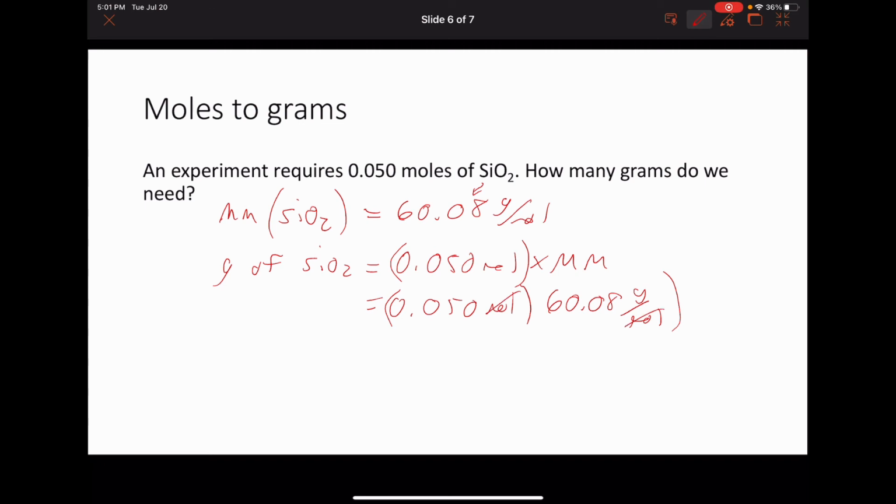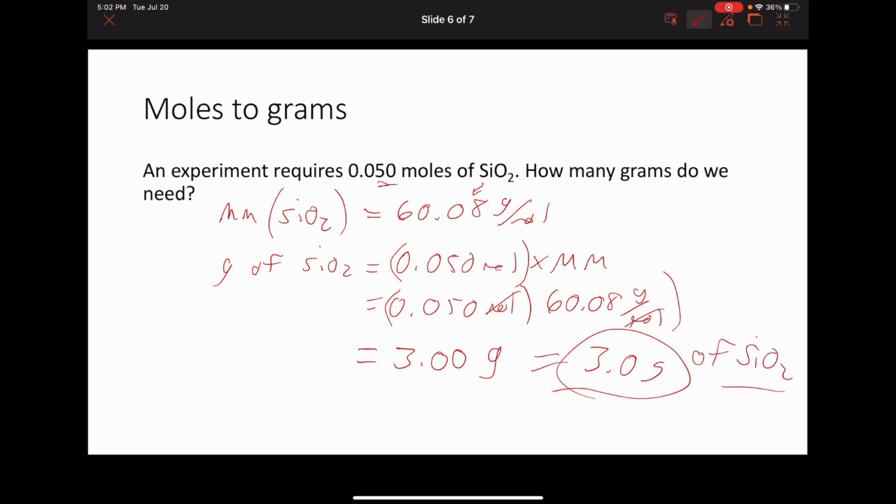So we do 0.05 times 60.08, and we should get 3.00 grams. Now I've cut it off, it gets 3.004, but you'll notice we really only have two significant digits here. So this really should be 3.0 grams of SiO2, excuse me, of our sand. And that would be how much we would need to get the number of moles we require for our experiment.